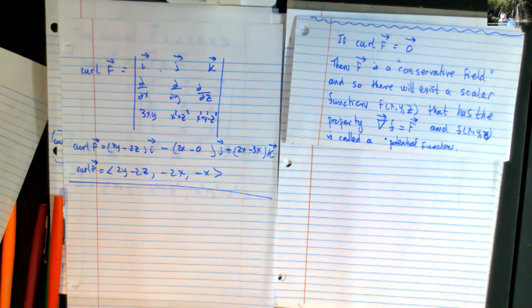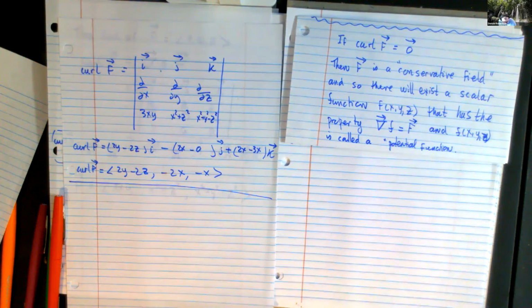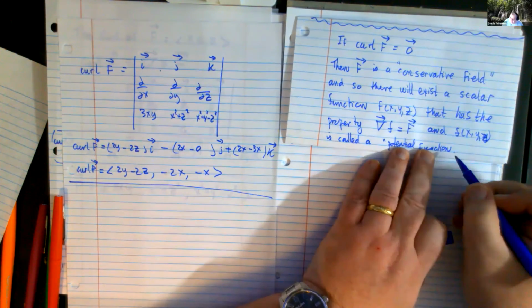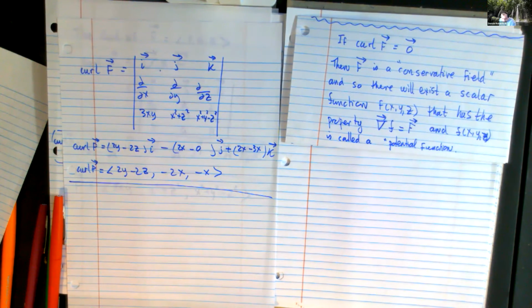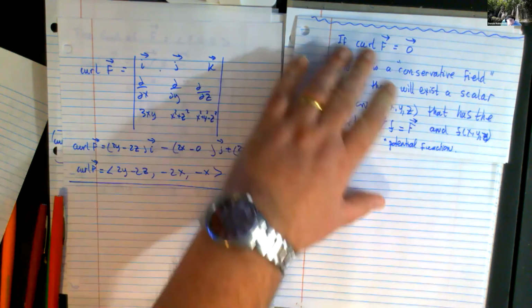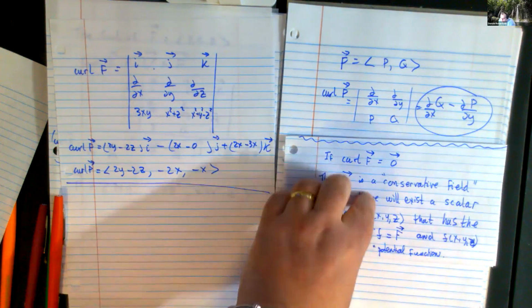Can't you do that with a fourth dimensional vector? You just find its curl, and if it's a 0 vector, it's a conservative field. And if you're a conservative field, you have a potential function. And the fundamental theorem of line integrals can then be used. So I think it's kind of interesting. Any questions about the curl? Is it cool?